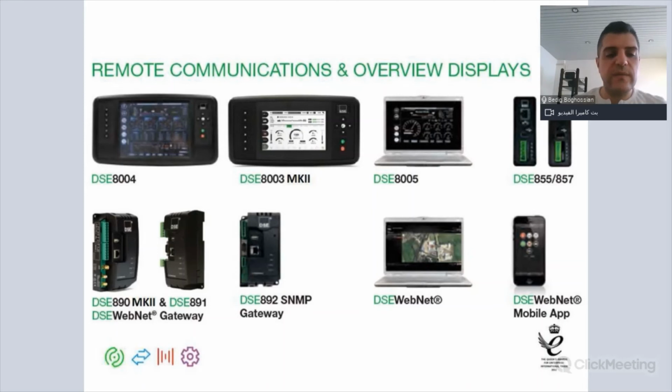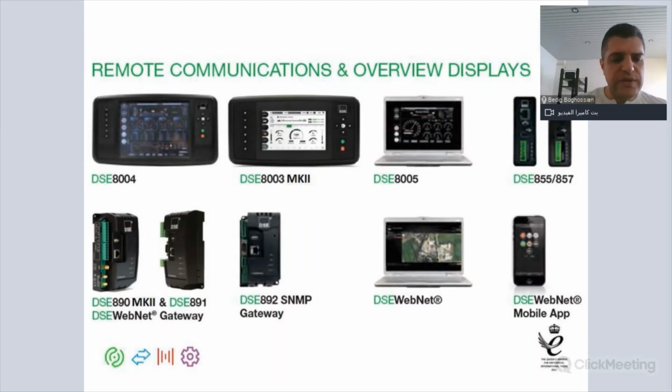Well, previously you had to replace the controller with a communication supporting controller, but nowadays you no longer need to do that. You simply need to add an accessory, which is the 855 or 857, to provide the communication port.